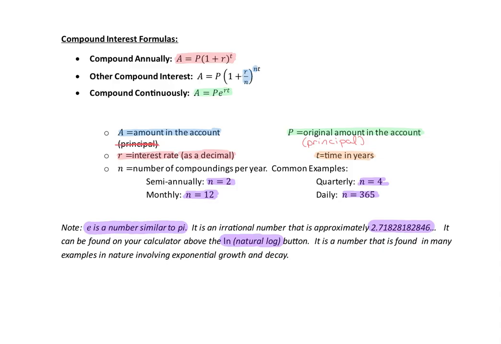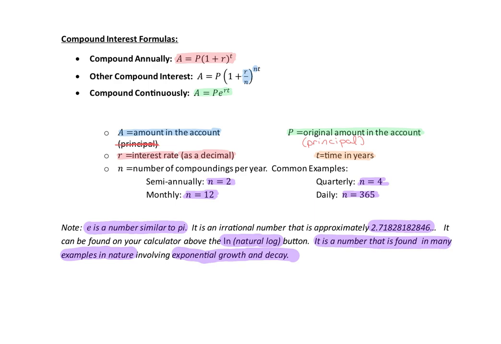In terms of what this number is used for, just so before we get into it, this is a number that appears a lot in examples in nature in terms of exponential growth and decay. And so we're going to see it quite a bit in the examples that we're going to look at now, and we're going to see it as we continue through the rest of this module.